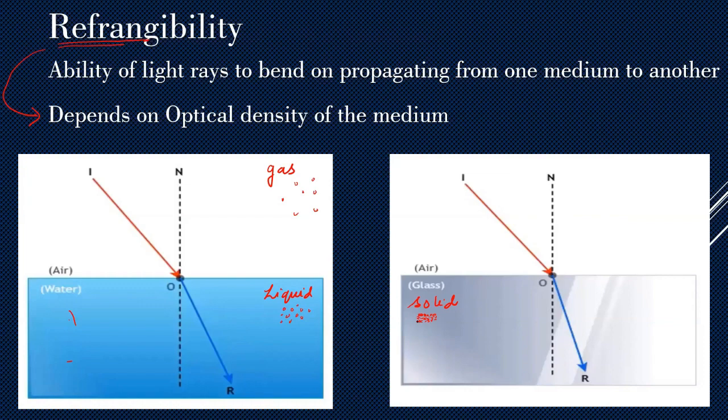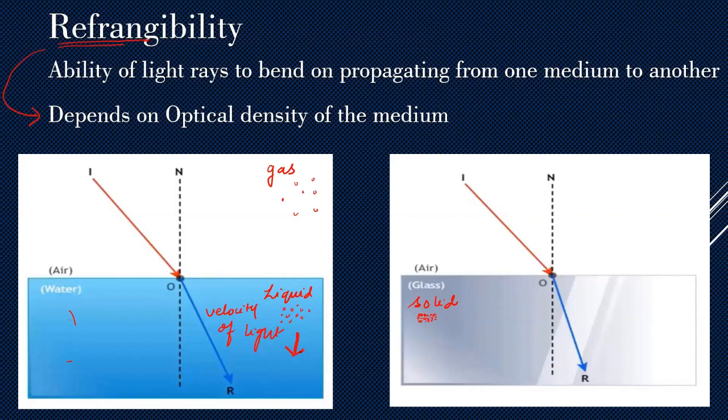So when a ray of light passes through gas, it gets ample space to pass through. Now when it passes into a liquid, the density of the liquid is greater than the gaseous state. The density of water is greater than air, so when it enters the liquid medium, it does not get that much space. So during this, the velocity of light decreases.